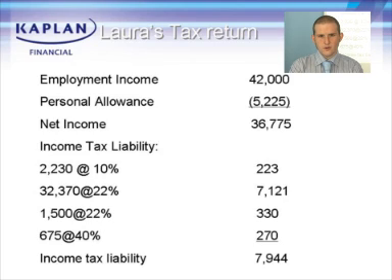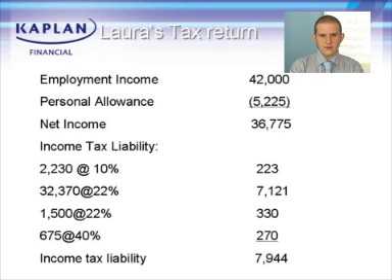Because we've increased our basic rate band, we get an extra amount at 22%. And that is the amount of the gift aid donation. The gift aid donation was 1,500, so that's at 22% as well. That gives me 330. We've then used our basic rate band, which was the normal 32,370 plus the extra 1,500.